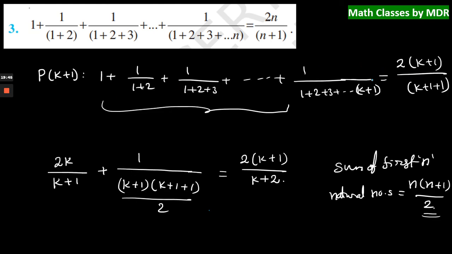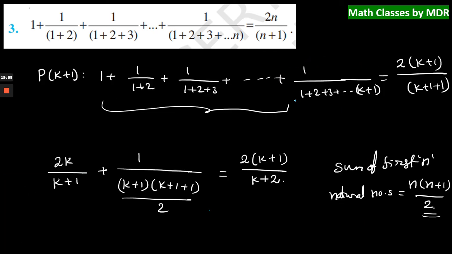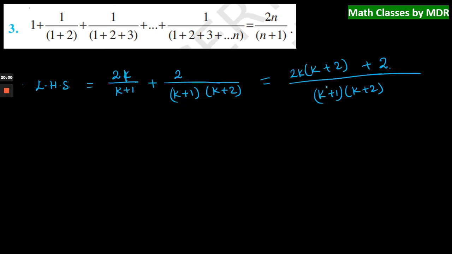So the numerator is 2k into k plus 2 plus 2.